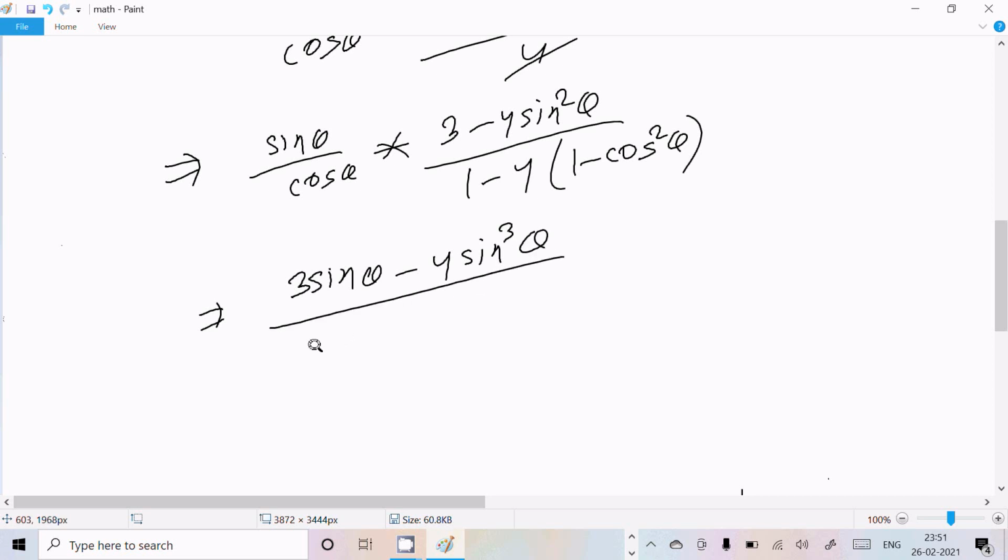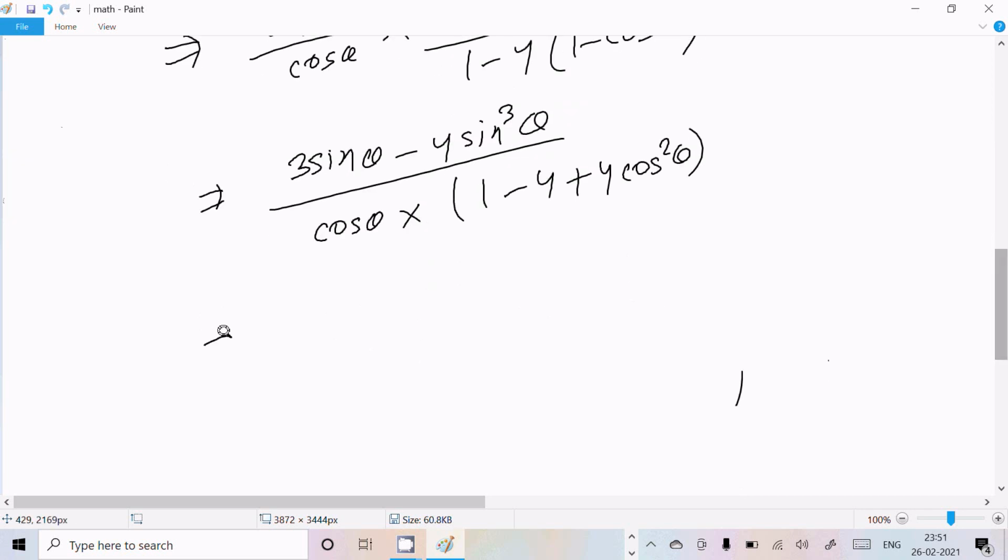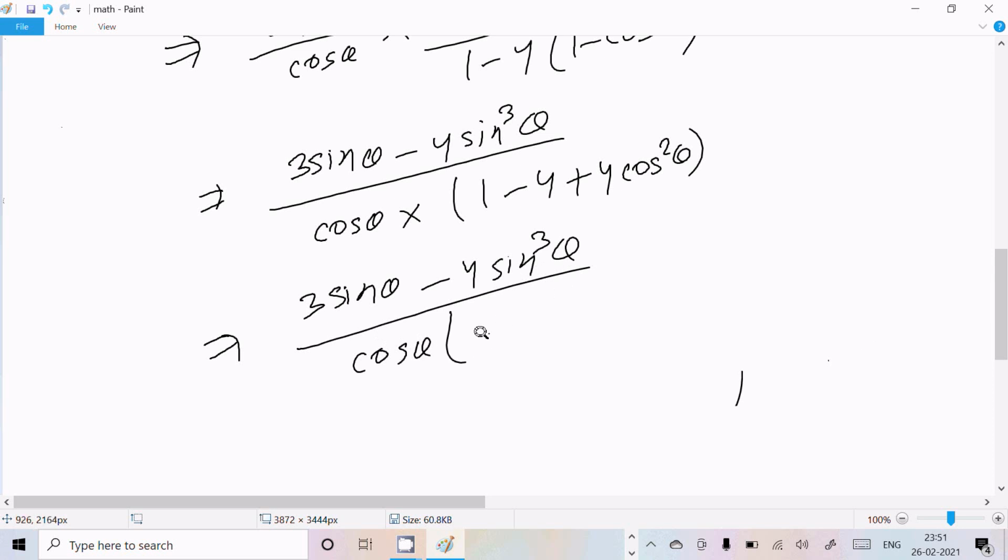Now just write one more time, cos theta into 1 minus 4, and here 4 cos square theta, and just write it in 2-3 lines. So here this is the cos theta, and here we can write 4 cos square theta minus 3.